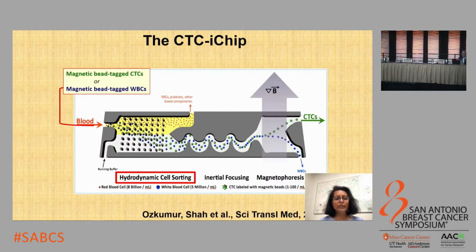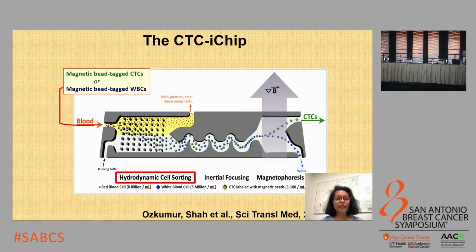The current CTC isolation device that we use in the lab is dependent on this negative depletion approach, and we collect the patient blood and incubate it with antibodies directed against the white blood cells. These are conjugated to immunomagnetic beads, and the mixture is processed through a microfluidic CTC eye chip, which has 3 functional compartments.